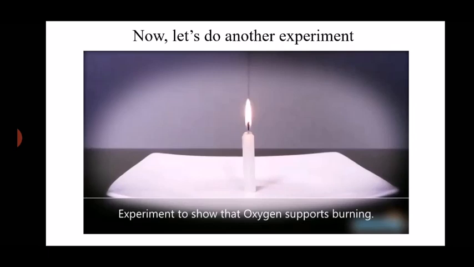Yes, good. Now, we need to light the candle. Now place a glass tumbler over the candle. Wait for a few seconds. The candle goes out. Children, see this experiment carefully.